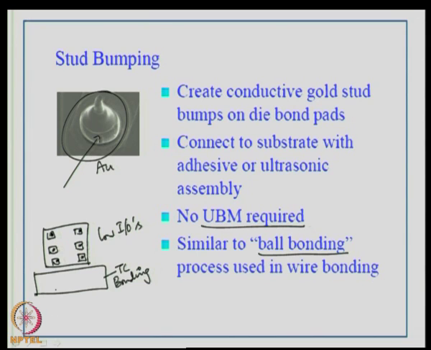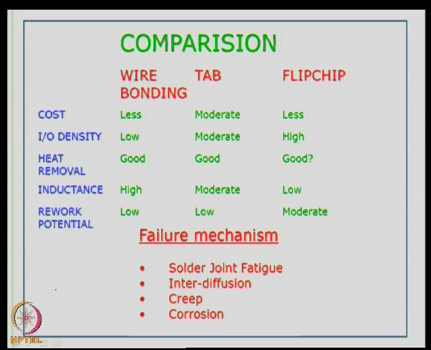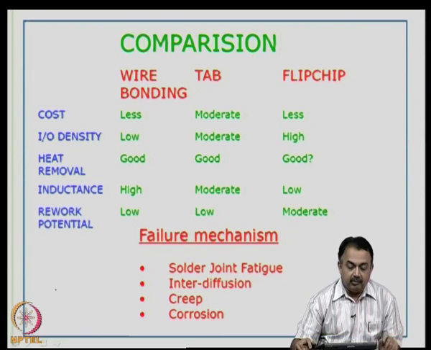So, this is a very quick process that you can do in your lab, and this is typically for low volumes, and you can use the same structure of the flip chip die minus the bump. That is very good for prototyping.